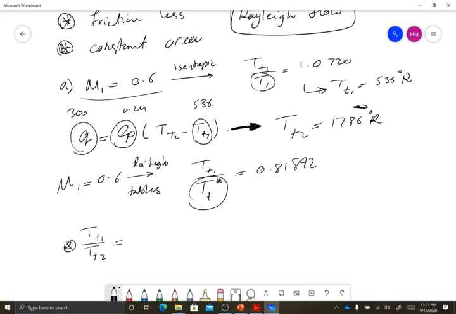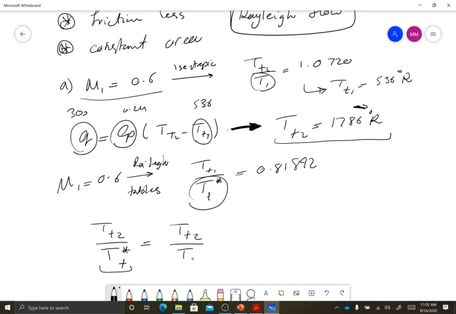Or you can actually, what we have done is this. It doesn't matter which way you do, I just have the solution for this. You can find the ratio between the calculated total exit temperature and the sonic total temperature, right? How do we do that? It's pretty simple. You just multiply and divide by TT1, right?